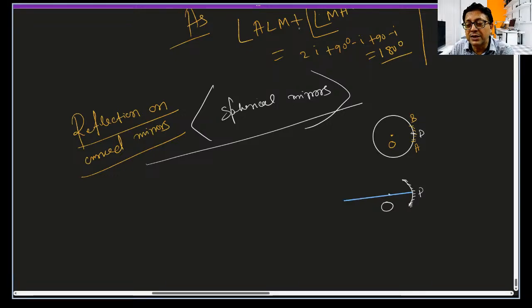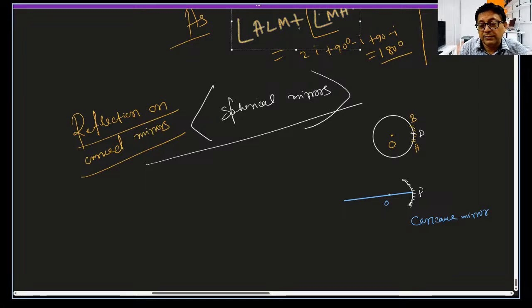This spherical mirror will be referred to as a concave mirror, because the silvered side is not exposed. The part which is exposed here is the curved part, this part. That's why it is concave, concave towards the medium.